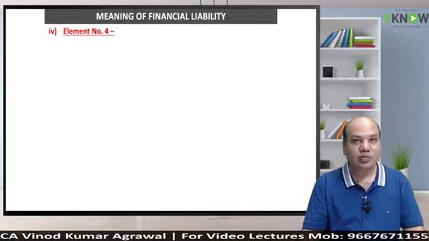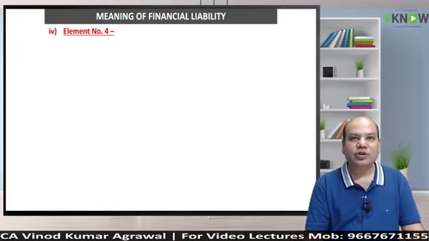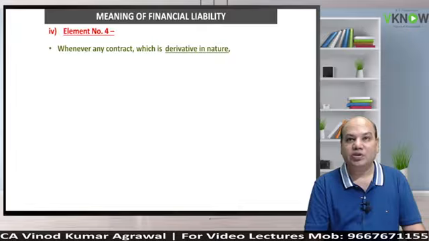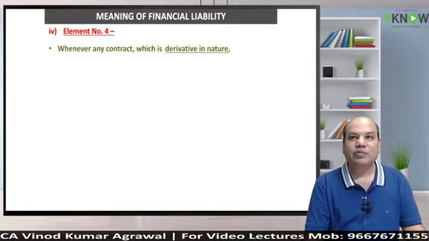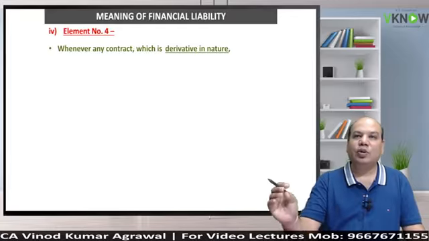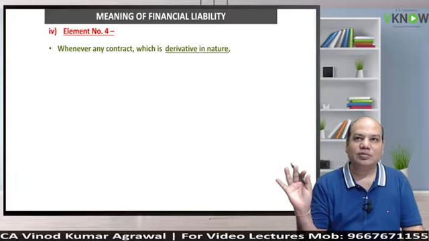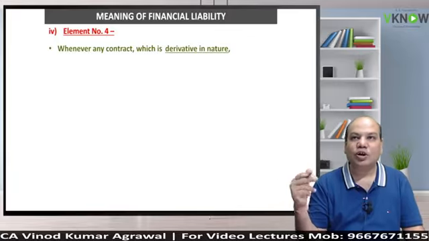And what is element number 4? It is a little more advanced version of the previous one. Whenever any contract is derivative in nature, you will say element number 2 was also derivative. But in element number 2, it was a derivative to buy or sell any other asset or liability. But here it is own equity.